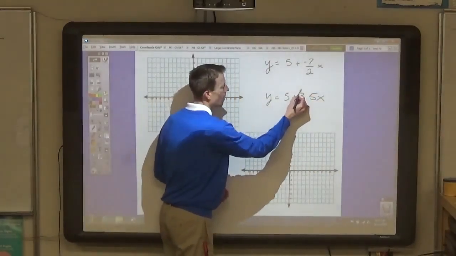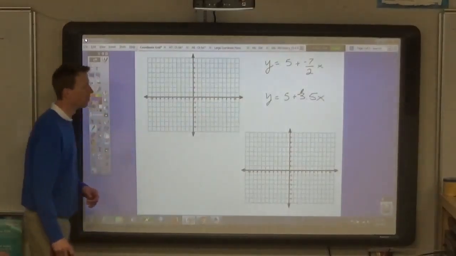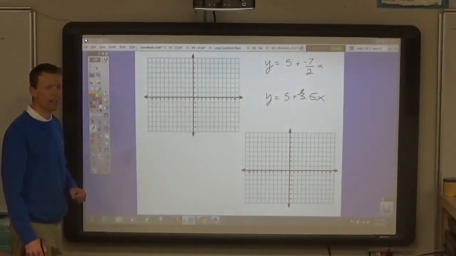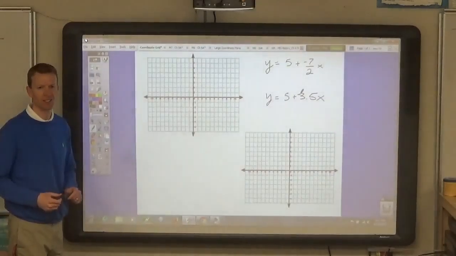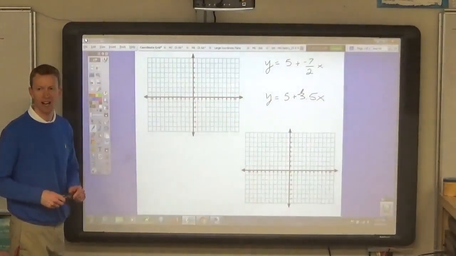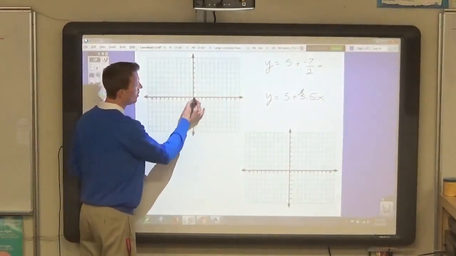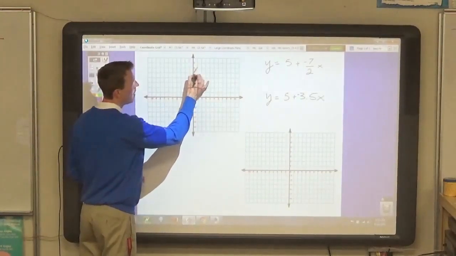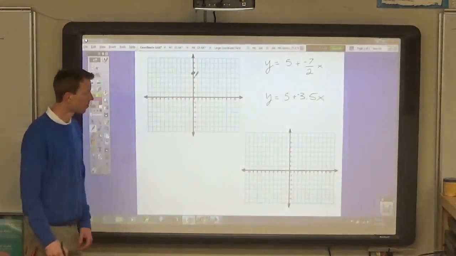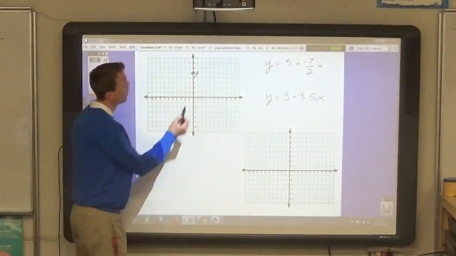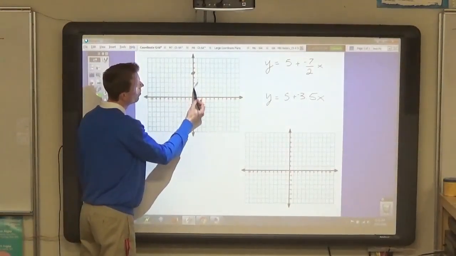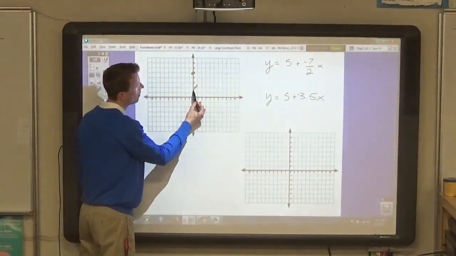Okay? Now, what is the y-intercept? 5. So we mark that first. Go up 5 and mark that spot. Now it says go down 3.5. So that's 1, 2, 3.5.